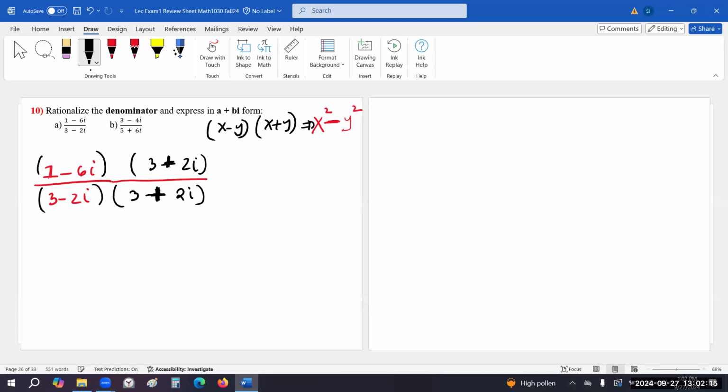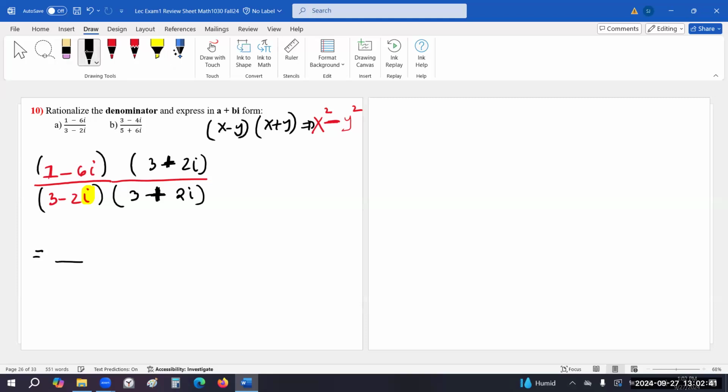Our goal is to get rid of this i from the denominator because i is a square root. We don't want to have a square root on the bottom. So we are happy with 3, we are happy with 2, but we are unhappy with i. Well, mathematicians are so smart they figured out, just multiply by the conjugate, and the i will disappear.